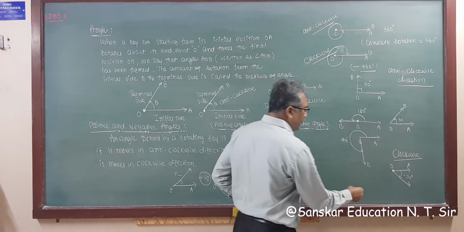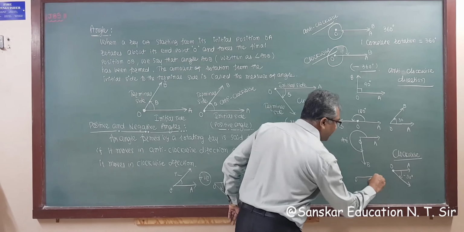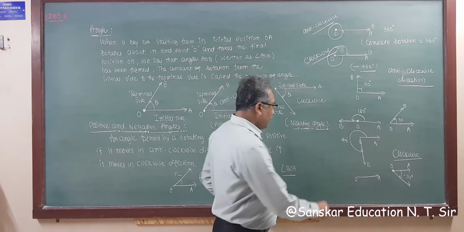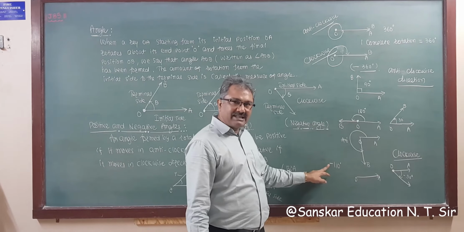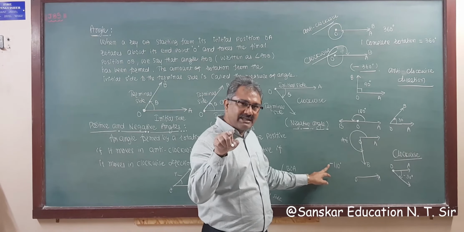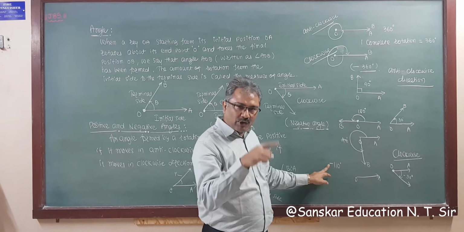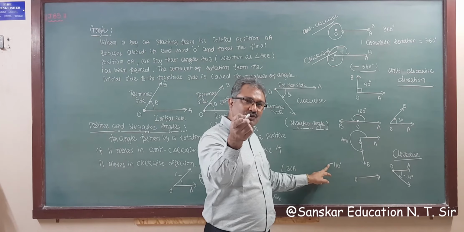Right? Similarly, if you want to draw an angle of minus 110 degree, the sign is minus, so you have to go in clockwise direction. Clockwise direction is always negative and anti-clockwise direction is positive, right?